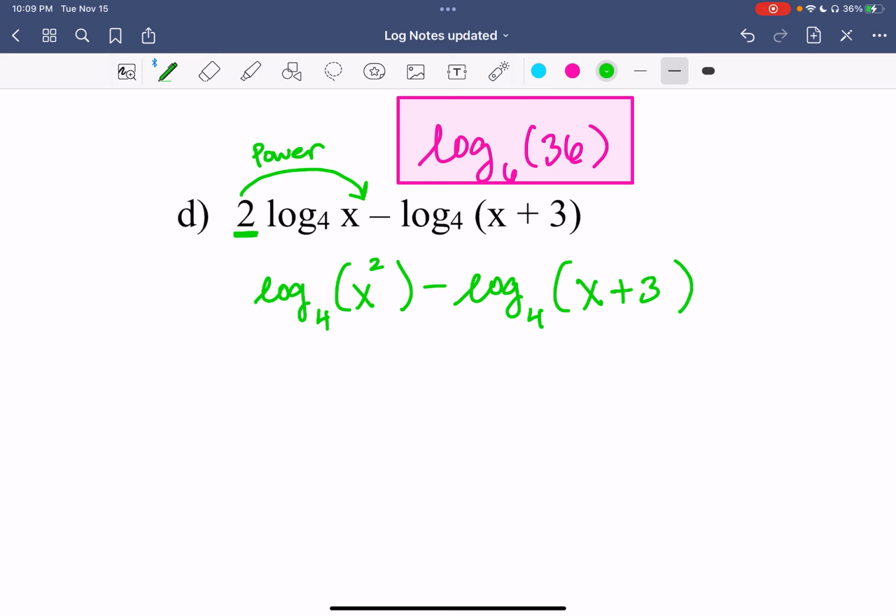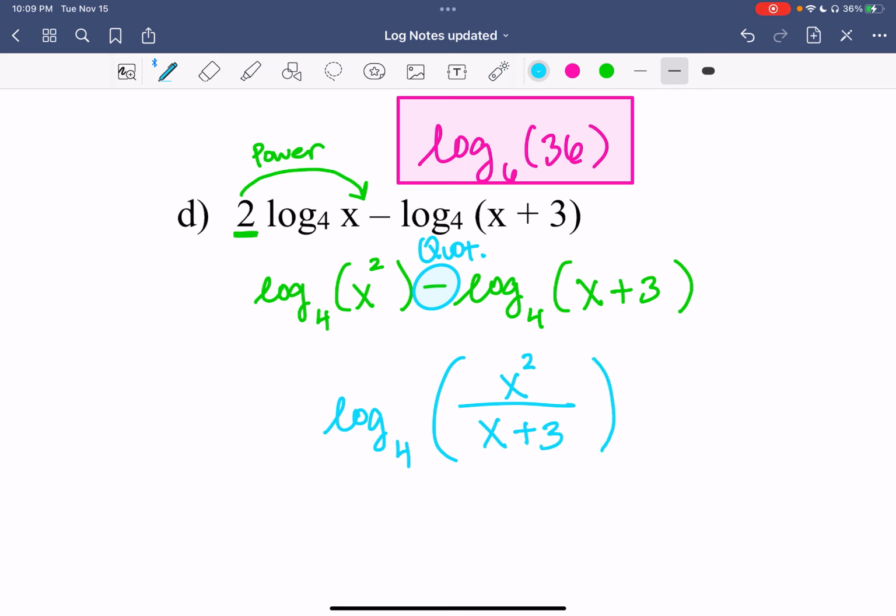The next law that I can apply is the quotient law. I know that because they're being subtracted. And the quotient law tells me to divide the arguments. So we can leave this as the final answer.